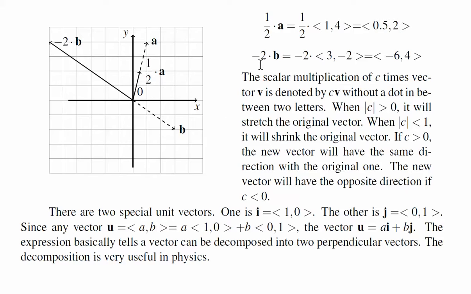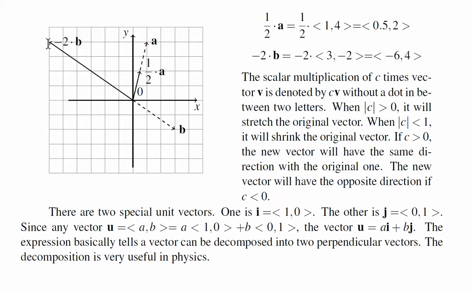And then times -2 is -2 times 3, which is -6, and then -2 times -2, which is +4. So we'll have 1, 2, 3, 4, 5, 6 for the x component, and the y component is 1, 2, 3, 4. So this is the one.